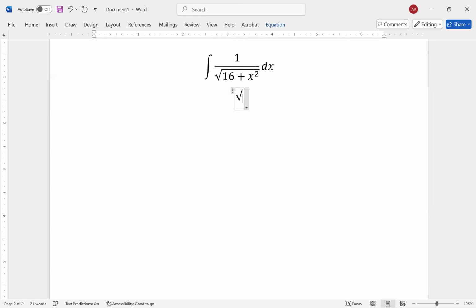I always start with writing the square root first because that kind of determines which one you're going to be using. So 16 plus x squared is equal to 4 times the secant of theta.